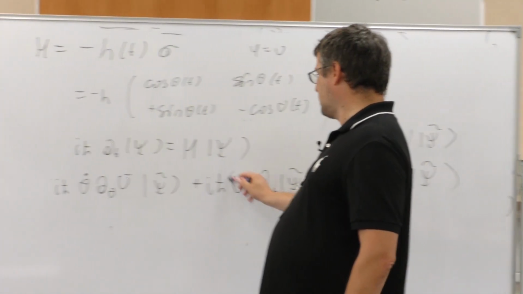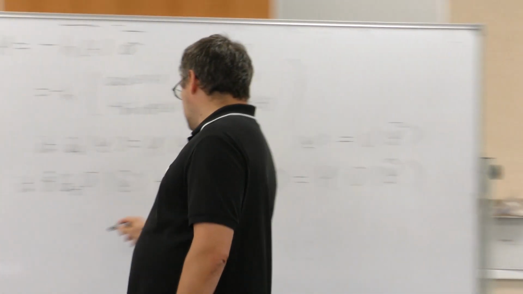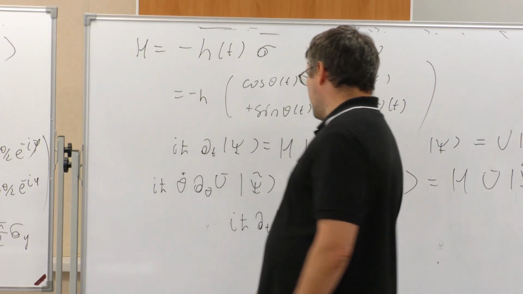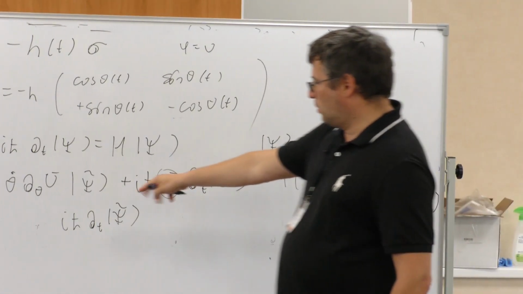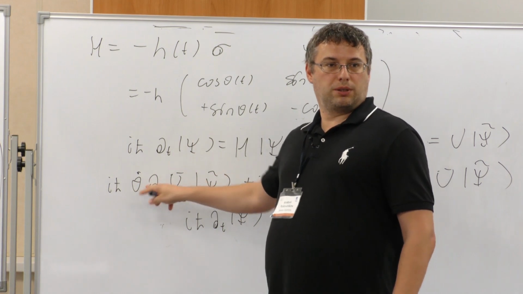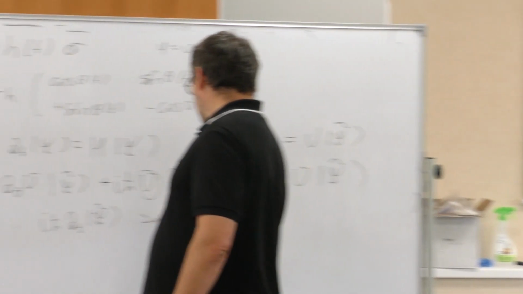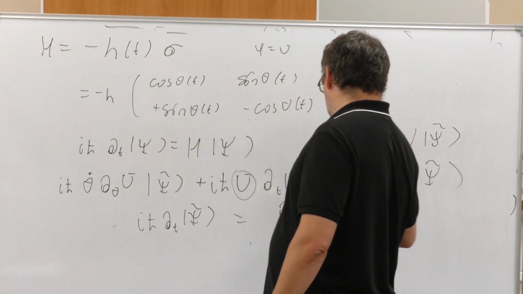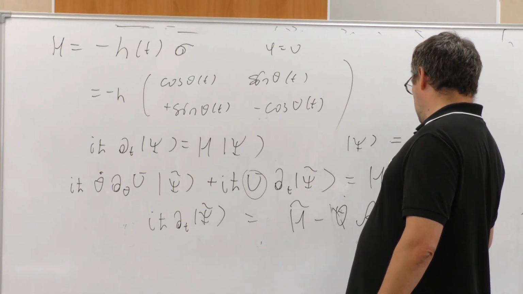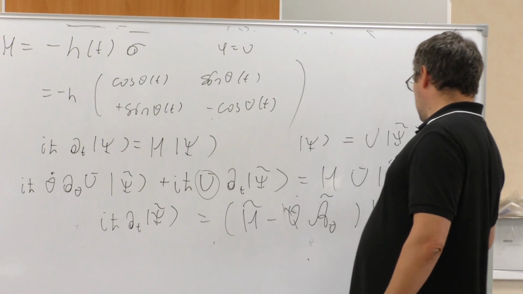I obviously want to multiply by U dagger, since this term looks like a time derivative. So I'll get iħ ∂t ψ tilde. And if we look into this term, this will be my A tilde, iħ U dagger ∂θ U, and I want to move it to the right. And what we will find is H tilde minus theta dot times A tilde, times ψ tilde.